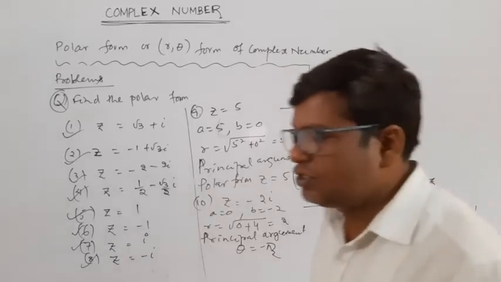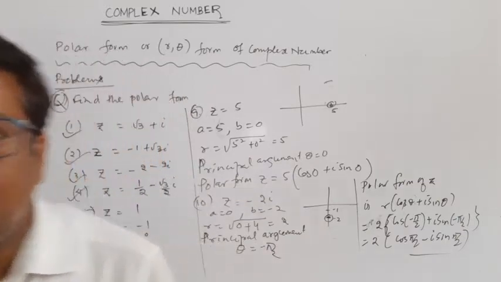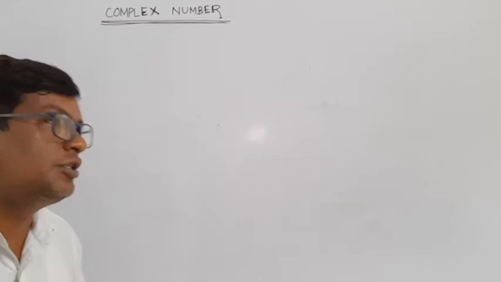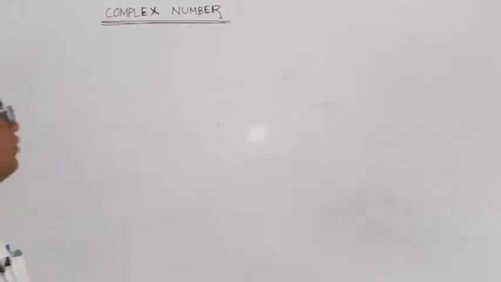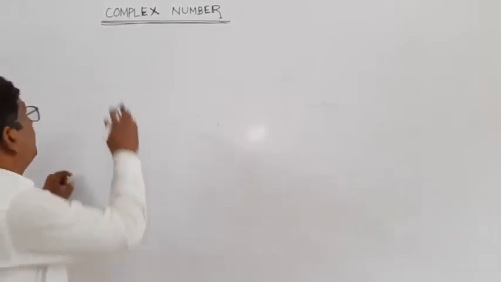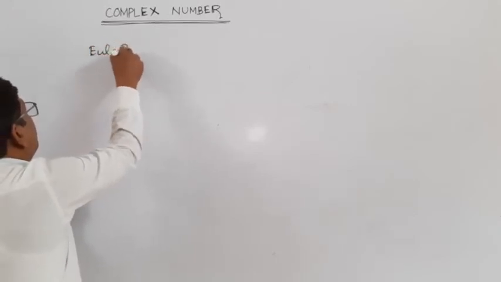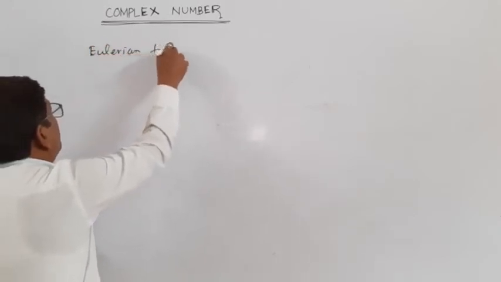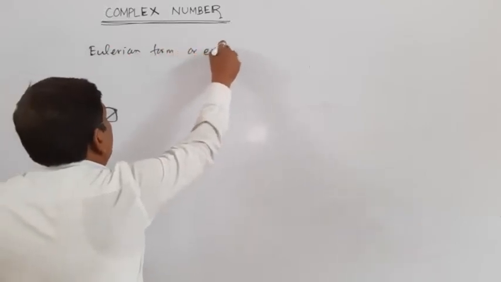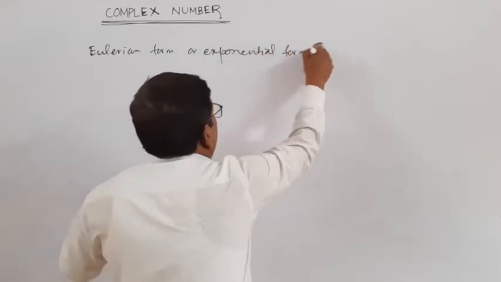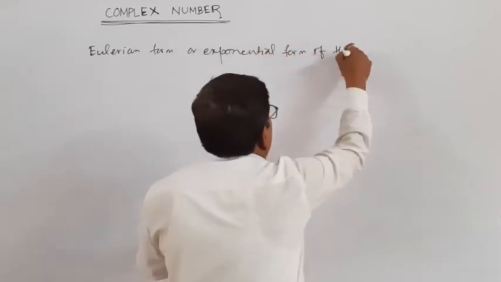Now let's discuss how to find the square root of the complex number. Before square root, we'll discuss the Eulerian form or exponential form of the complex number.